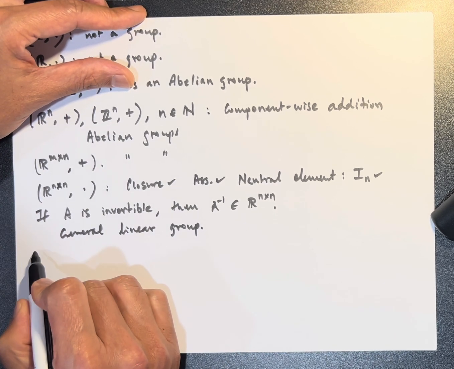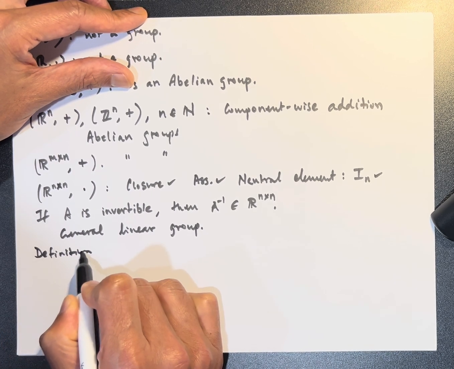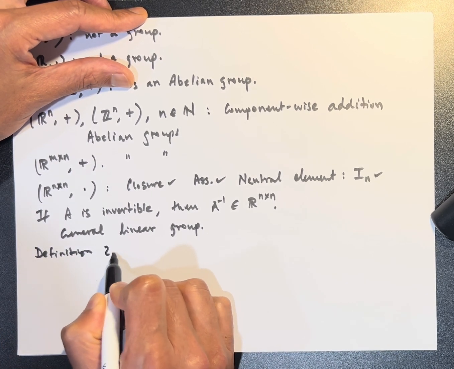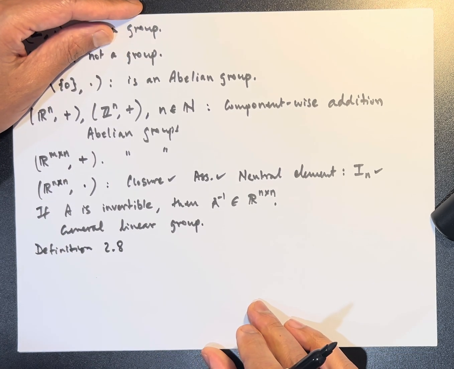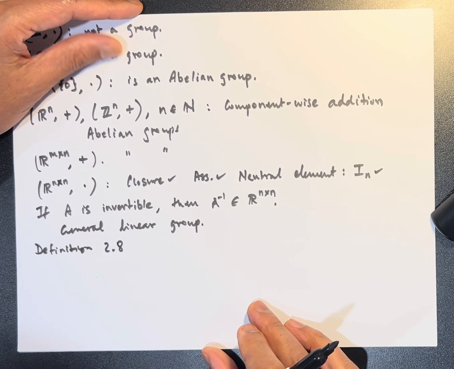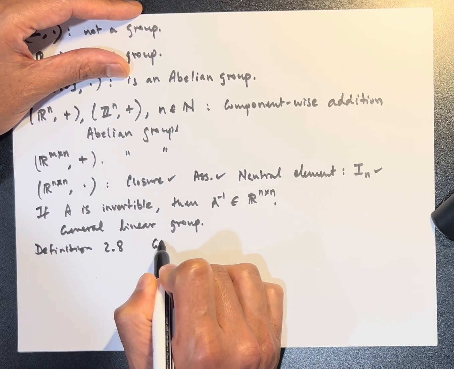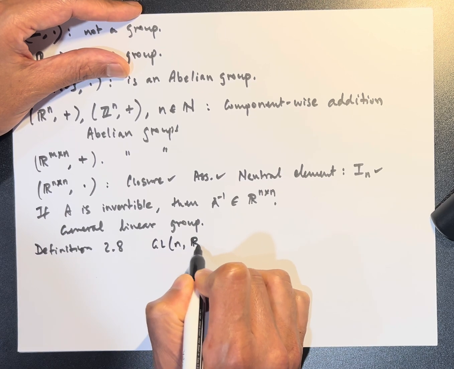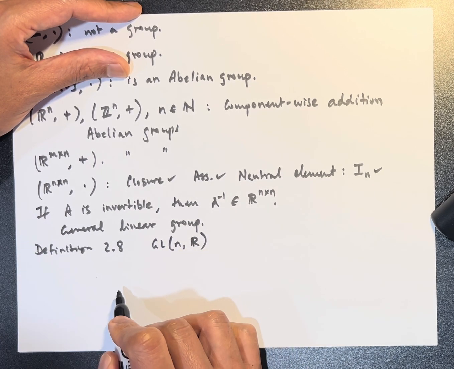This is given in Definition 2.8. The set of regular or invertible matrices A in R^(n by n) is a group with respect to matrix multiplication. It's called the general linear group, denoted GL(n, R).